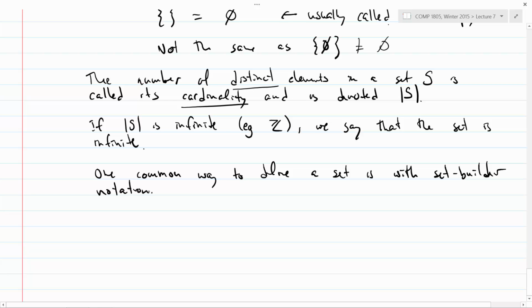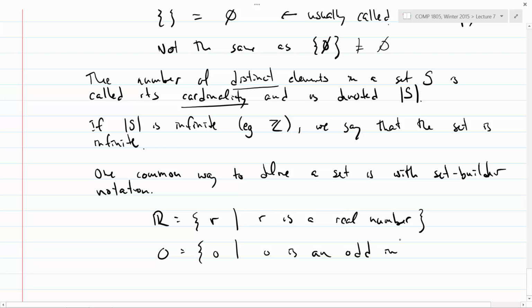Okay. One common way to define a set is with set builder notation. So what you would say is, for example, the set R of real numbers, you could define it as all numbers R such that R is a real number. The set O, you could define it as all O such that O is an odd integer. It's just a shorthand way of writing these things so you don't have to fully write it out.